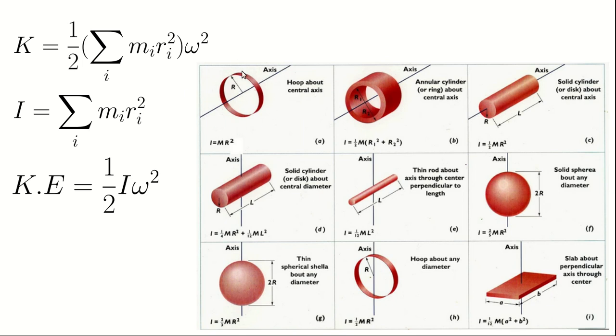It's rotating about this point, so the moment of inertia is M r squared. For this one, the axis of rotation is along this direction, so the moment of inertia is half of M times r1 squared plus r2 squared, where we have the inner radius and the outer radius. The same thing goes for all of them, so you can pause the video and take note of the moments of inertia for the different shapes.